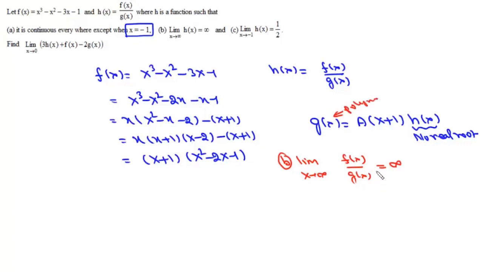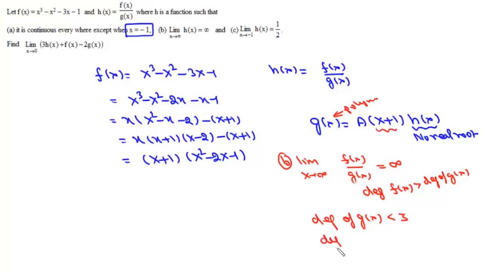Now if this limit is infinite, that means degree of f(x) must be strictly greater than degree of g(x). Now degree of f(x) is 3, so degree of g(x) will be less than 3. Now we already know there is this one factor x plus 1, so degree of g(x) can be either 1 or 2.